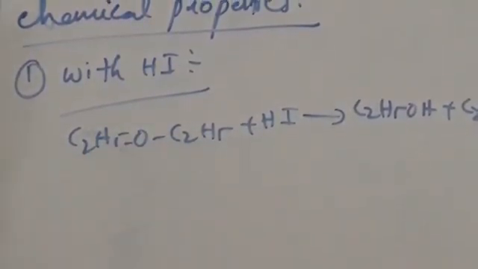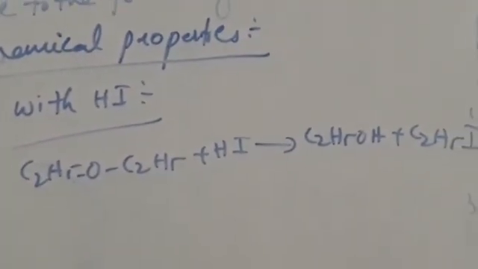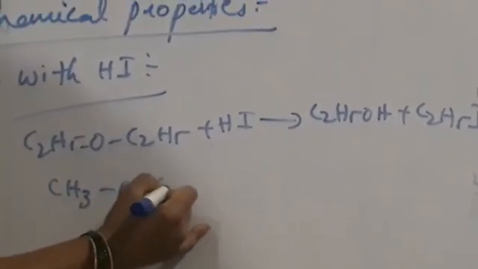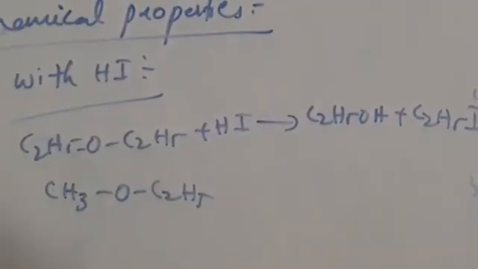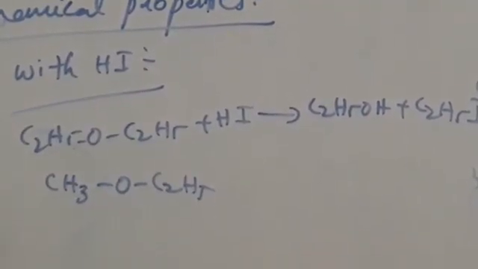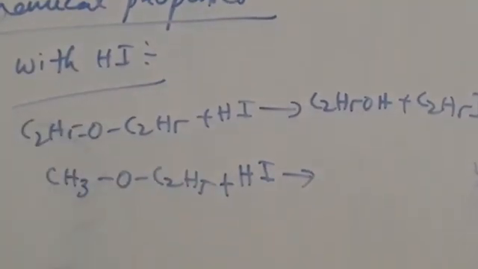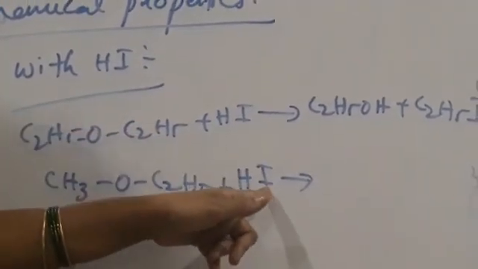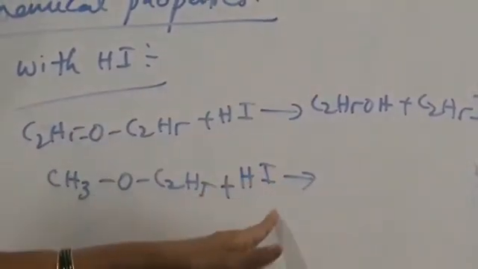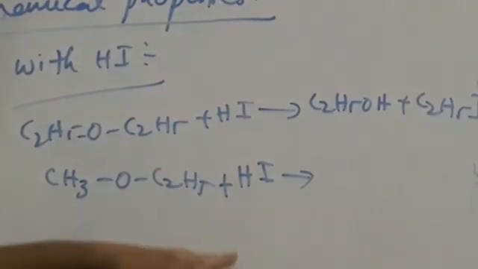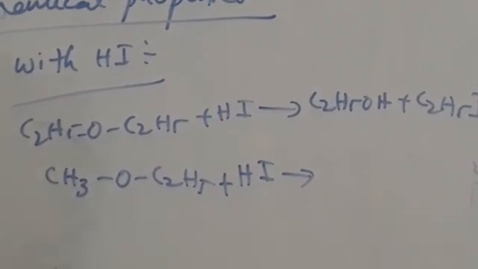Okay. So diethyl ether is a symmetrical ether. If unsymmetrical ethers are there, for example, methyl ethyl ether, if it reacts with hydrogen iodide, the iodide ion, the halide ion, links with the carbon which has more number of hydrogen atoms.